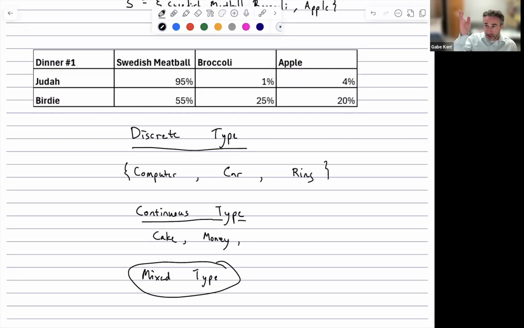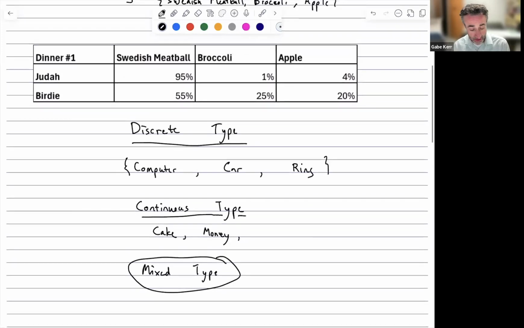And so then the apple becomes a continuous asset. The meatball, if I'm willing to cut it up, or cut up one of the two, or maybe both, become continuous. Broccoli is discrete. It's only one piece, and why would you ever cut a piece of broccoli up? That would be madness.